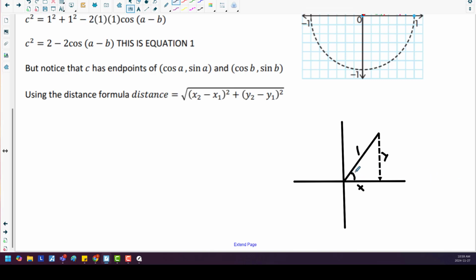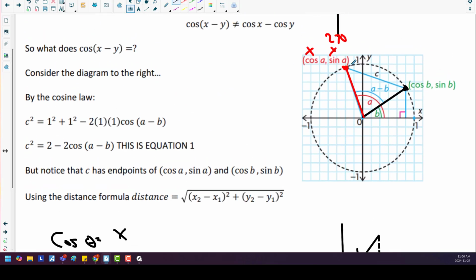And if this is our angle theta, in this right angle triangle cos theta is equal to adjacent over hypotenuse, which is 1. So cos theta is basically just equal to x. And similarly, sine theta is equal to y over 1, or just y, because anything divided by 1 is itself. So this is why we write cos A and sine A and cos B and sine B, because these are our x and y values.